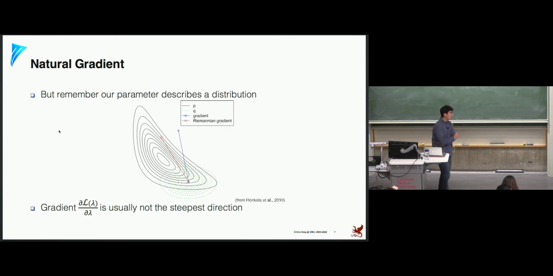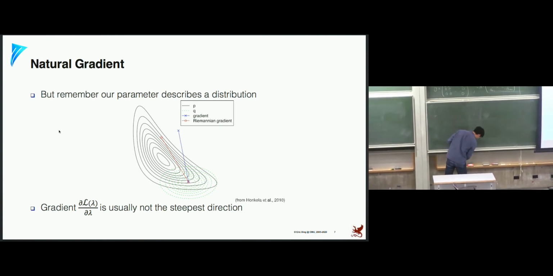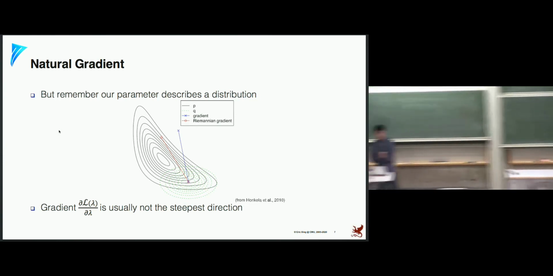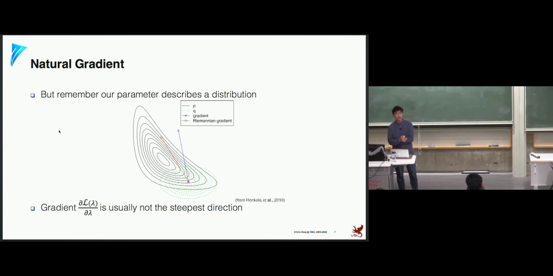There is something orthogonal to this issue, which is natural gradient. So let's see. When we are doing variational inference, we're optimizing an evidence lower bound, or we're optimizing some quantity related to a distribution.